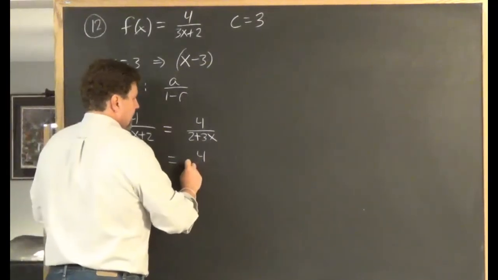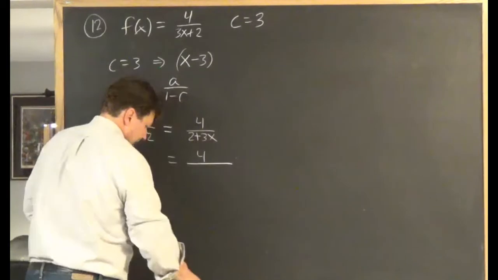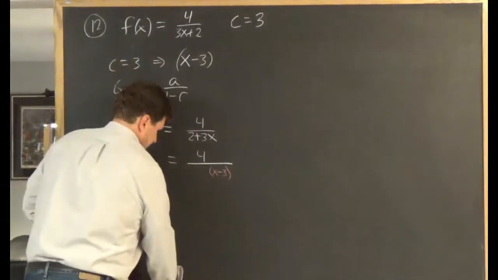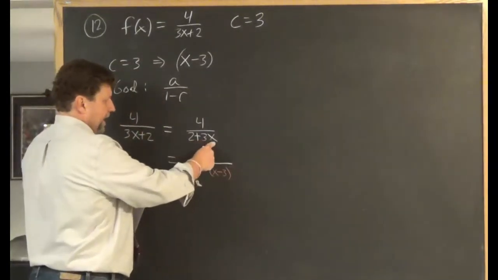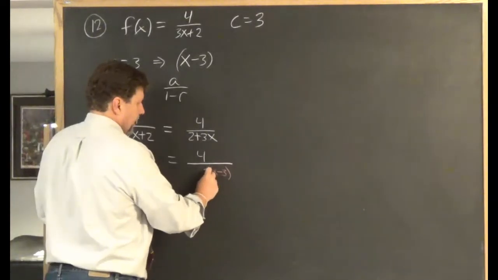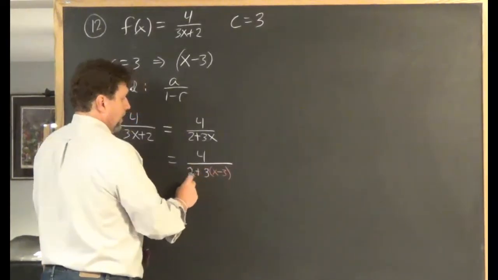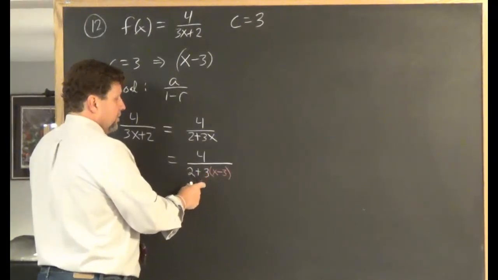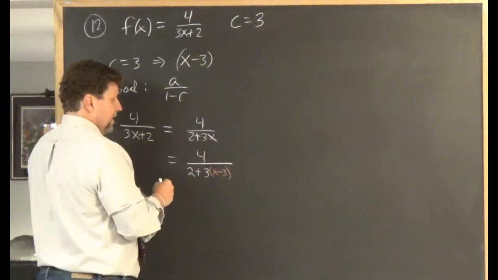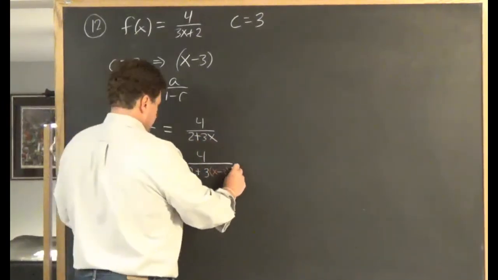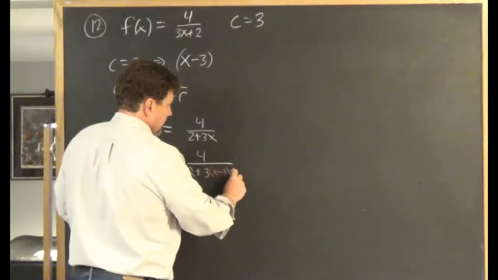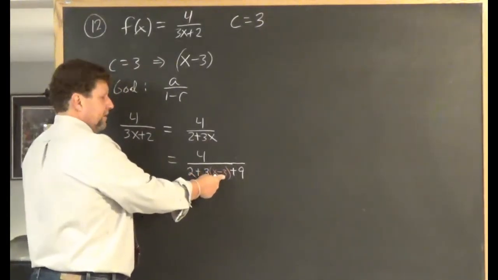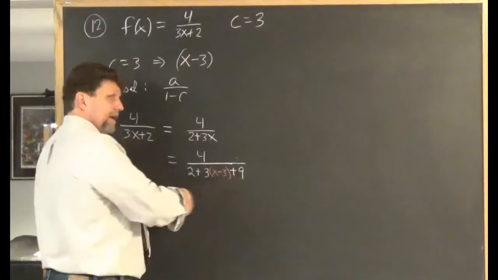Alright, so now let me get that x minus 3 in here. So I have my x minus 3. Notice this is a 3x, so out in front of that it would have to be a 3. And in order to preserve what this denominator is, I'm going to have to add 9, because when 3 gets multiplied by negative 3, that's a negative 9, so I have to add 9 to neutralize it.